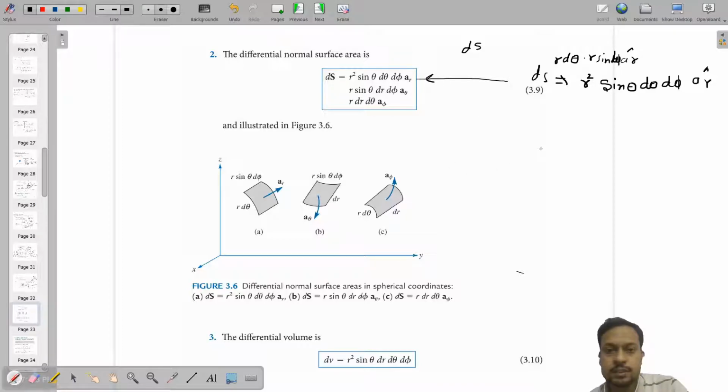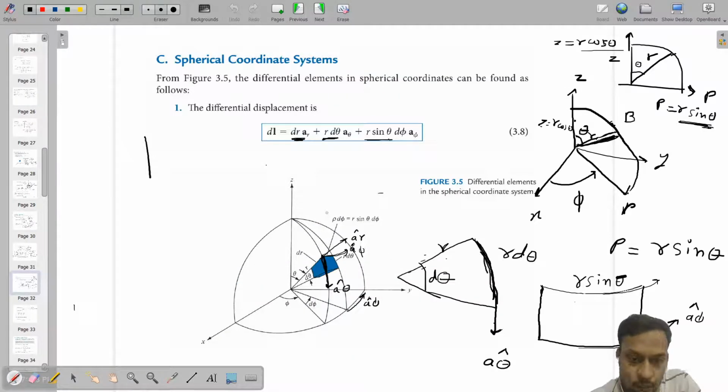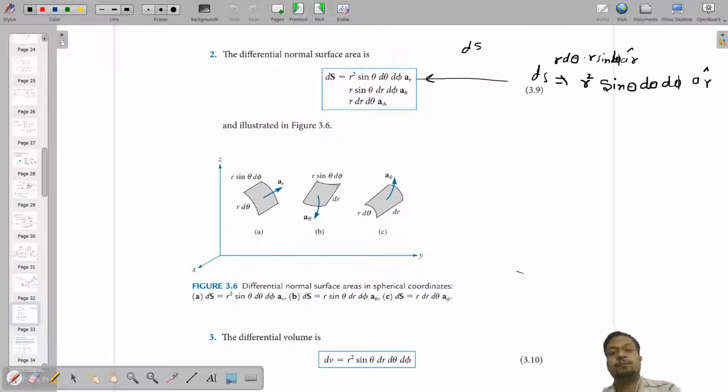Now in the second figure, we have two varying differential lengths. If we take the side view, this is the bottom surface of the differential area in the spherical coordinate system. In this bottom surface, the normal vector is a_theta.